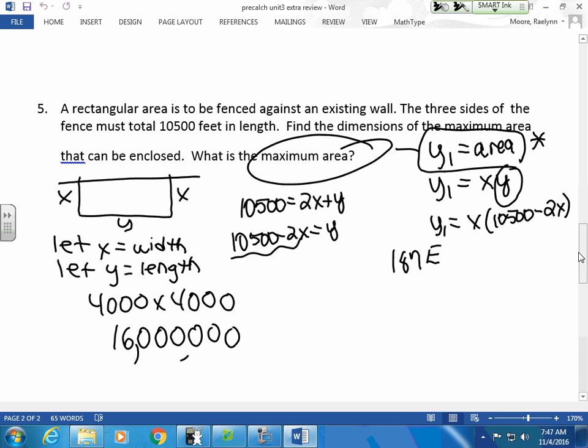It says 1E7. What does this mean? Scientific notation. So 1, and it's going to move this decimal place. It's going to give you 7 zeros here. When you want to find the exact value, scroll over it, because it's just putting a scientific notation there.